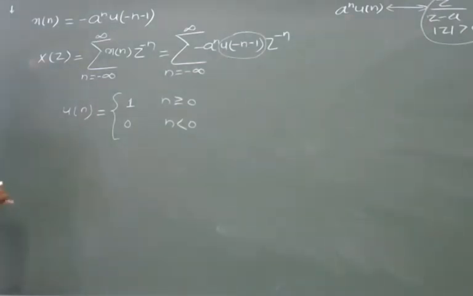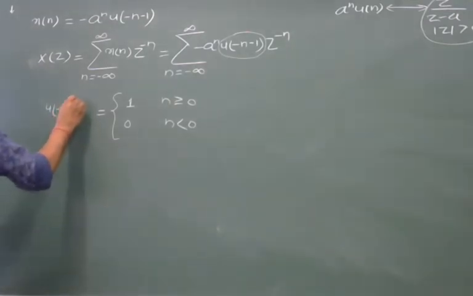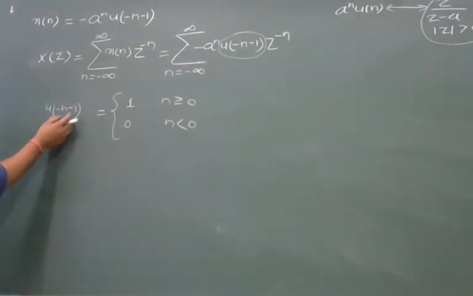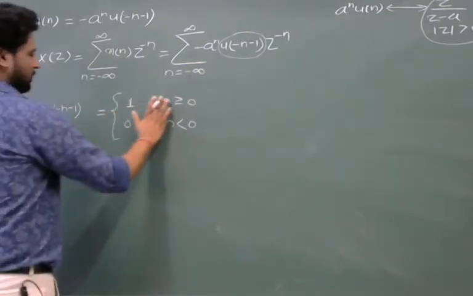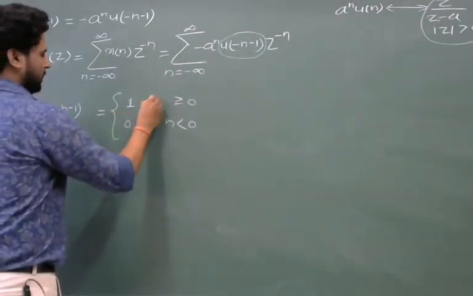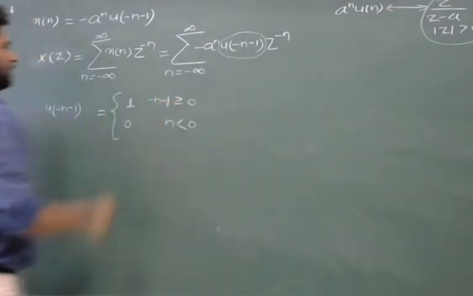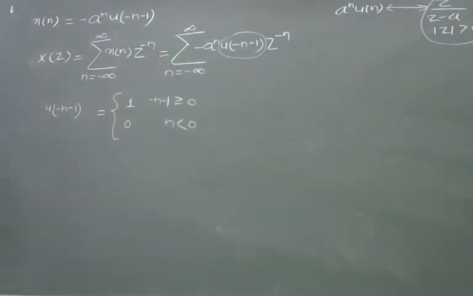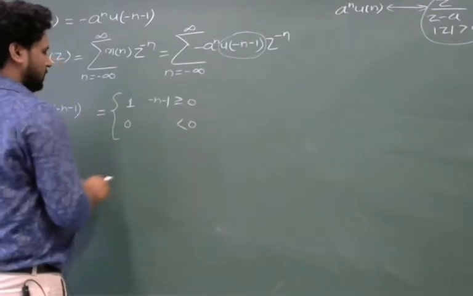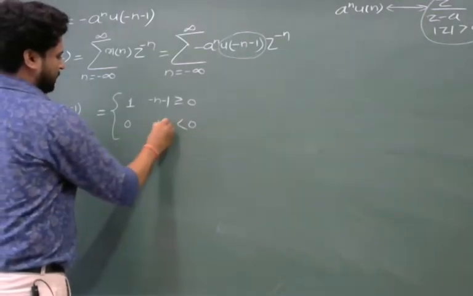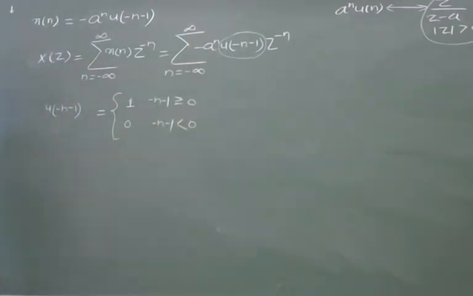But instead of n here, it is given as u of minus n minus 1. So this will be equal to 1 when minus n minus 1 is greater than or equal to 0, and this will be equal to 0 when minus n minus 1 is less than 0.